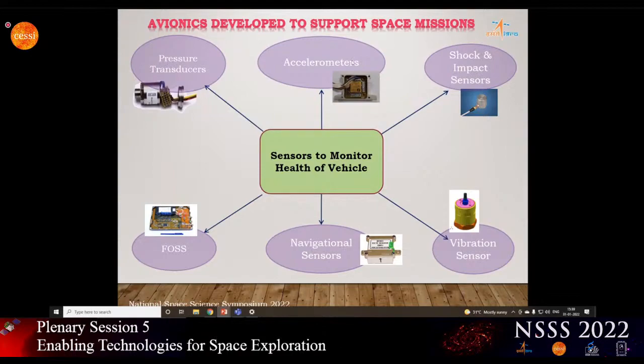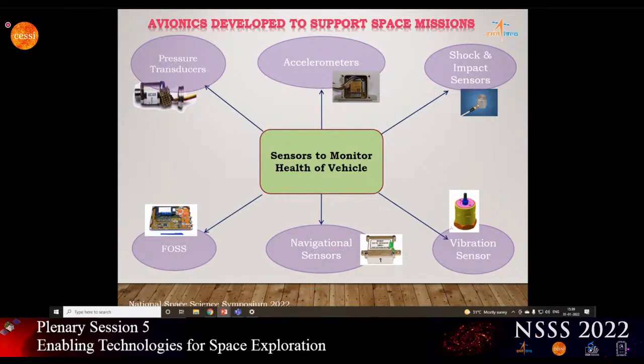First, we can see accelerometers, and we have a large variety of accelerometers, which we will discuss in the coming slides. Apart from that, shock and impact sensors, and vibration sensors. We have different varieties of navigational sensors for positional and attitude information about the sounding rockets throughout their trajectory.